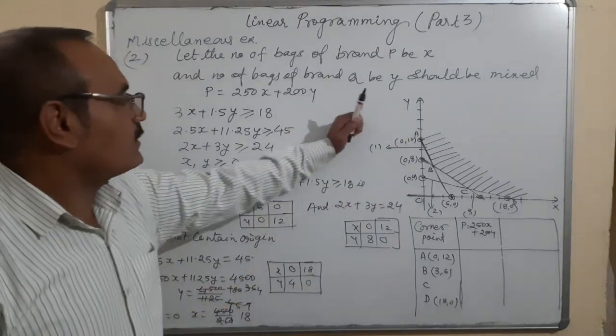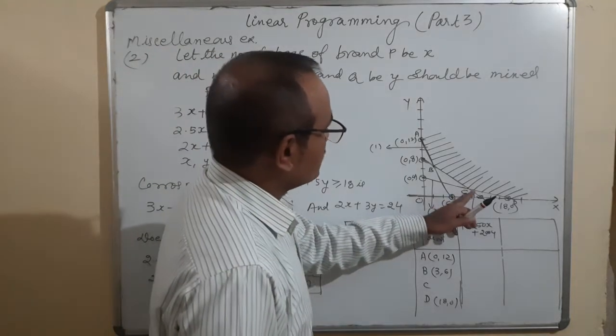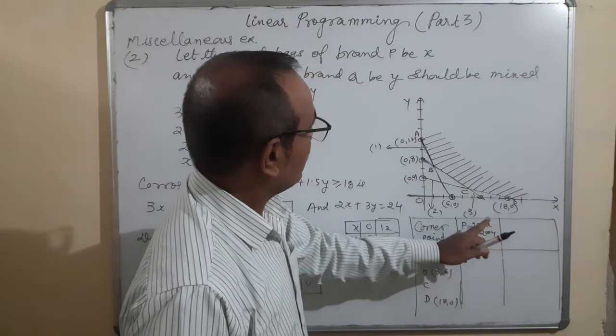For finding the other point, what should be done? C is the intersection point of the lines second and third.